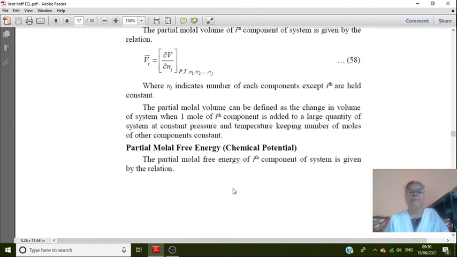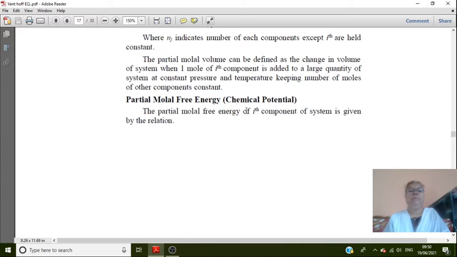Then we will see the partial molar free energy or chemical potential. The partial molar free energy is also called the chemical potential.